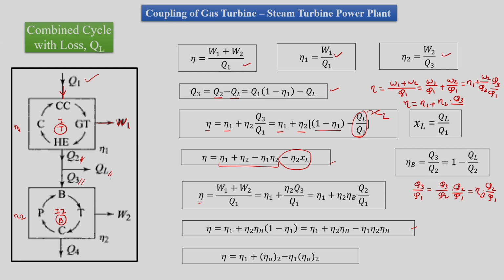So, this term is called eta naught 2, and that is where we can get the efficiency as eta 1 plus eta naught 2 minus eta 1 into eta naught 2. So, this gives us an idea of how much loss in efficiency we will have if the heat lost by one cycle is not equal to the heat gained by the other cycle.